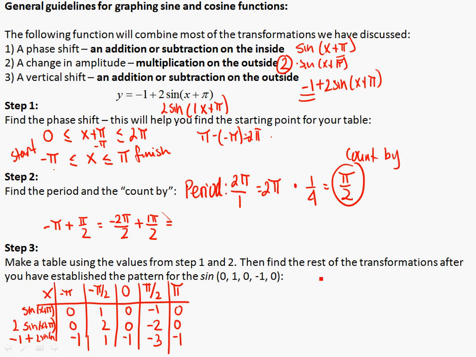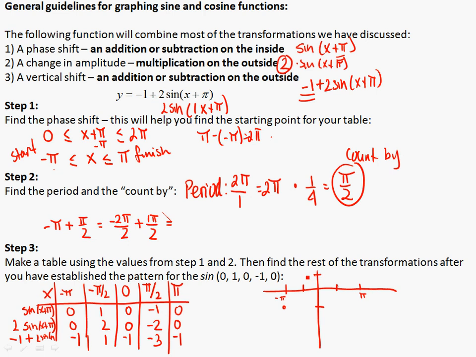Alright, so I need to give myself a little more room on the lower side, right? I need more negatives and positives in the y's. Okay, so 0 is smack in the middle, isn't it? So I'm going to put 2 marks to the left and 2 marks to the right. And it starts at a negative pi and it goes to pi, so I'll label those. And then you can start at a negative 1. Yes?